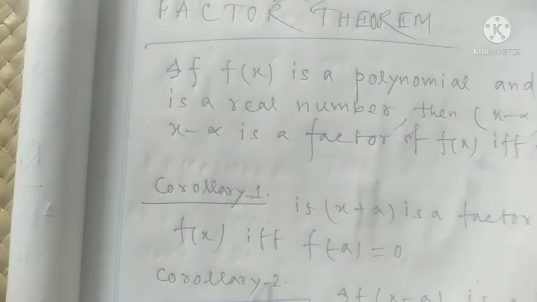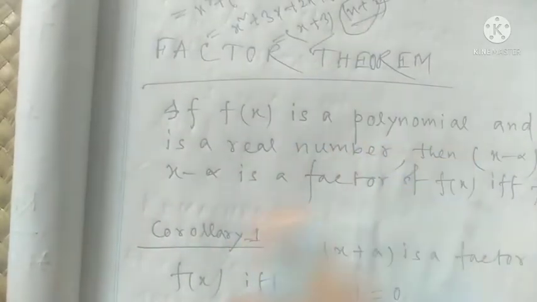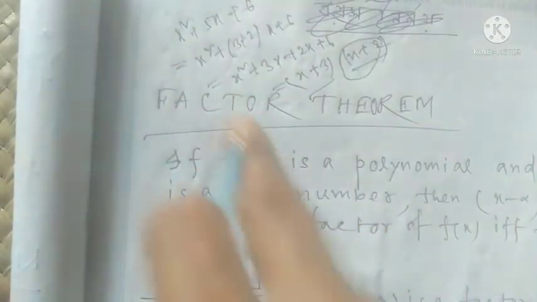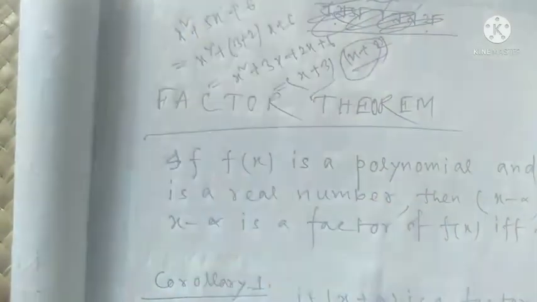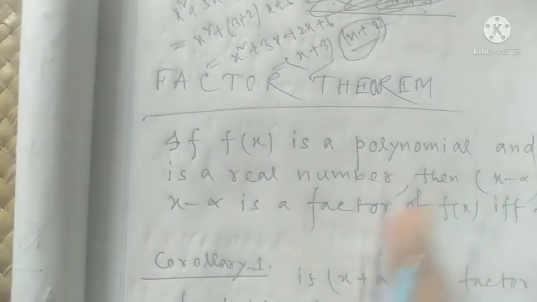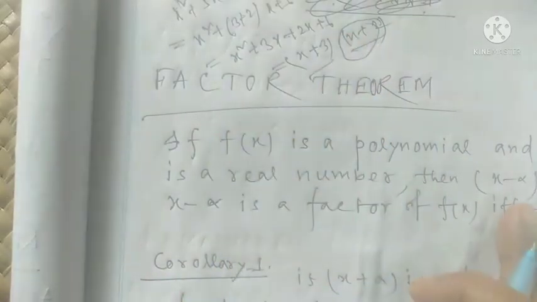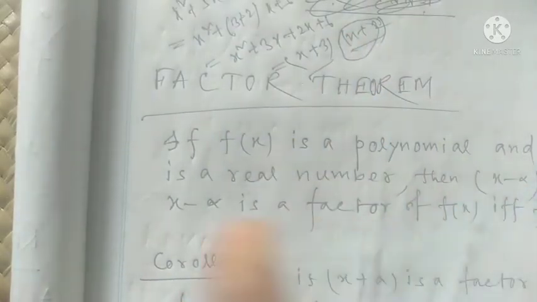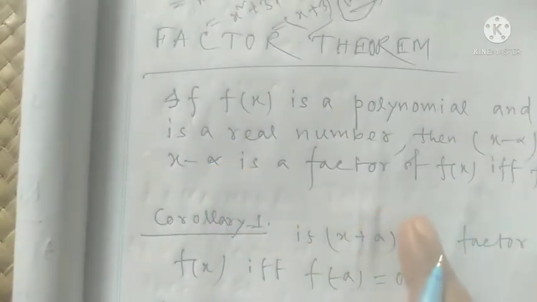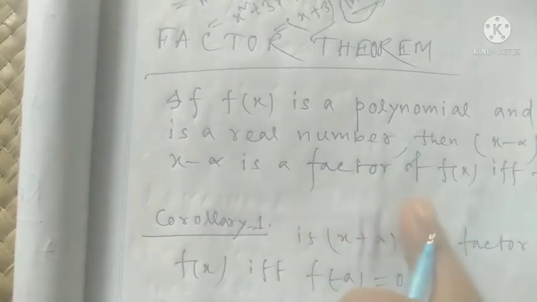If f of x is a polynomial, that means any polynomial, for example f of x equal to x square plus 5x plus 6, and alpha is a real number, then x minus alpha, that means if you divide by x minus 3, x minus 4, x minus 5, any non-zero polynomial, and you divide f of x by it, then if your remainder is 0, you can say this is a factor.